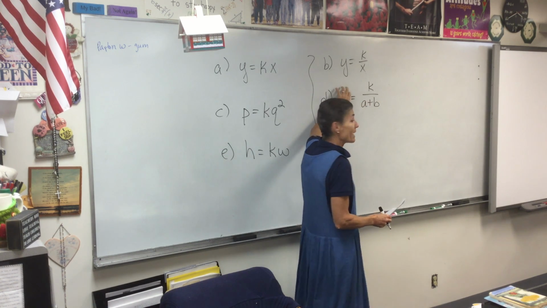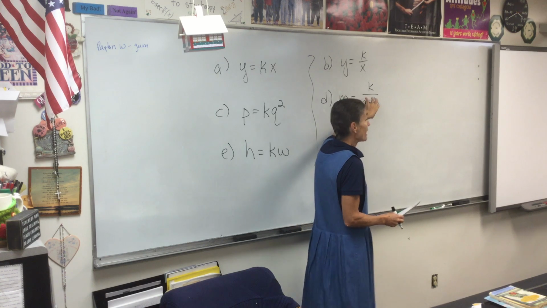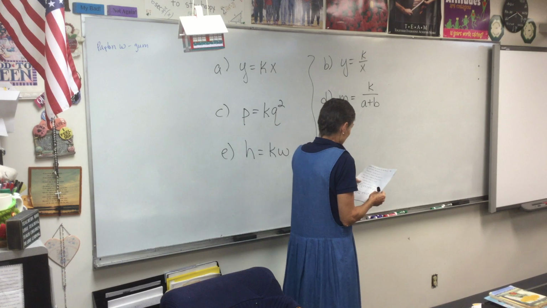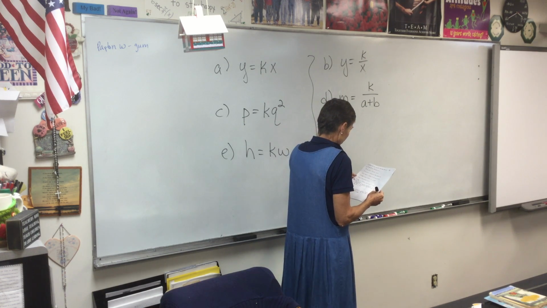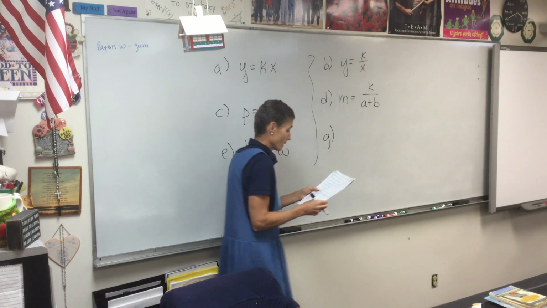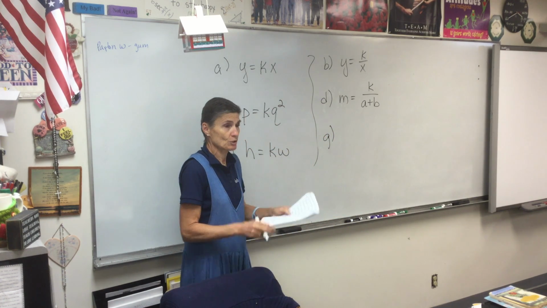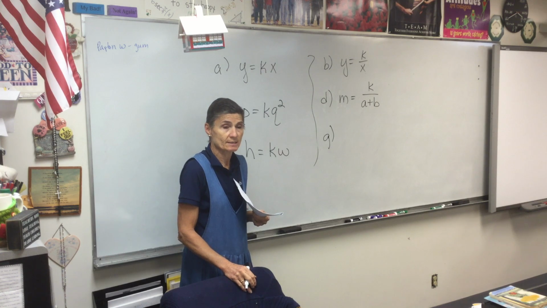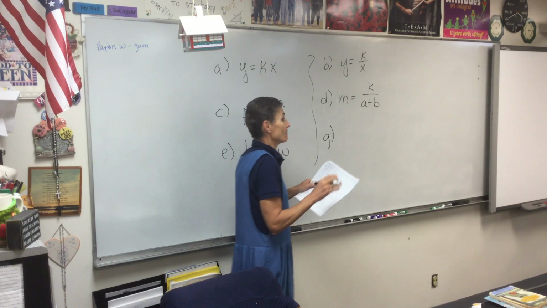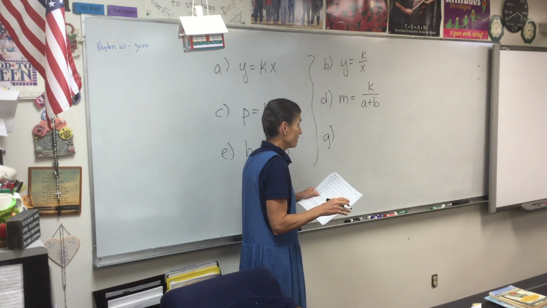So in this case, we have M, and then we have the sum of A and B. G. Rate is inversely proportional to distance. Now, inversely proportional is the same as varies inversely, okay?